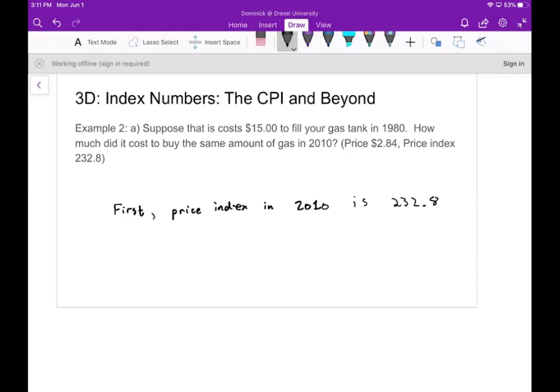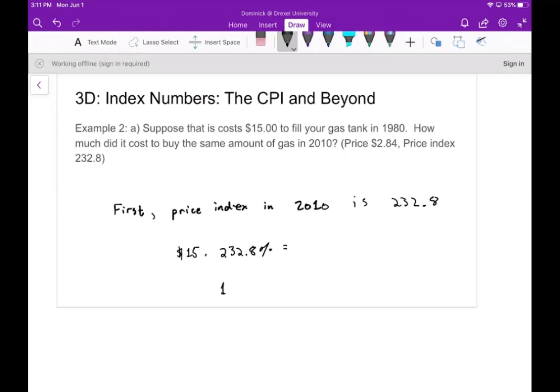So if it costs $15 in 1980, well, then I just simply need to multiply by this index number as a percentage, and then that will give me what the price is currently, right?